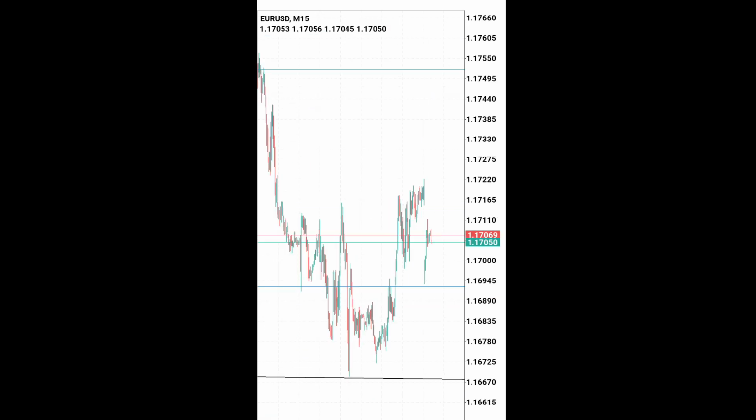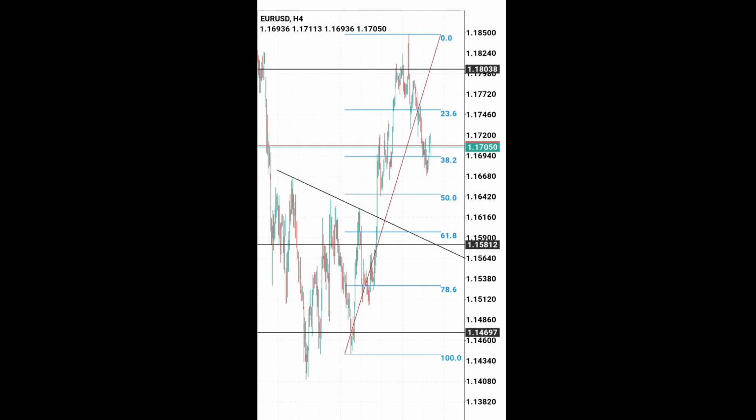Quickly, let's go to the 15 minutes time frame. So like I said, from the 1 hour time frame, any move back into this area could offer a sell-off that could send price back down into this area.